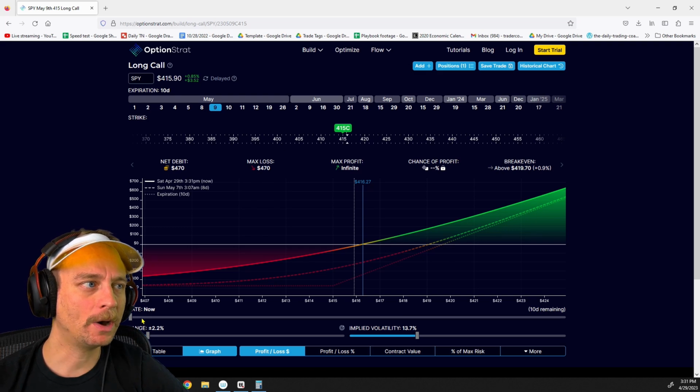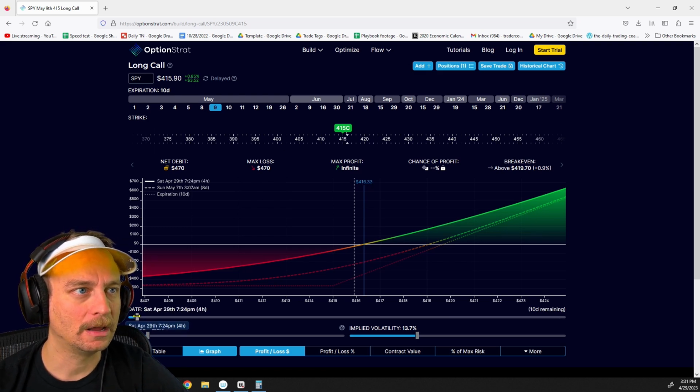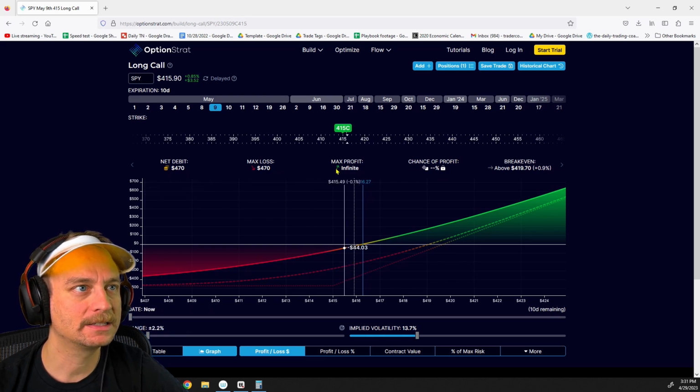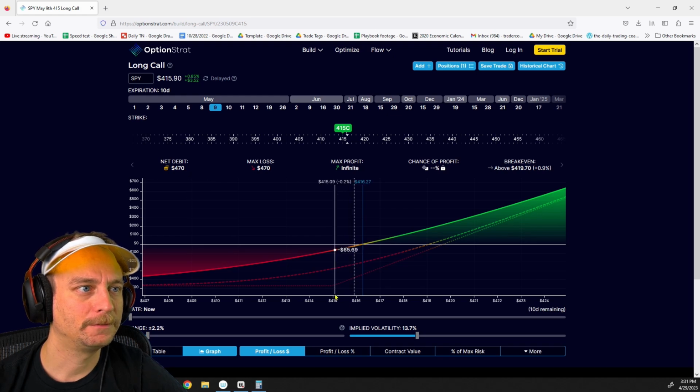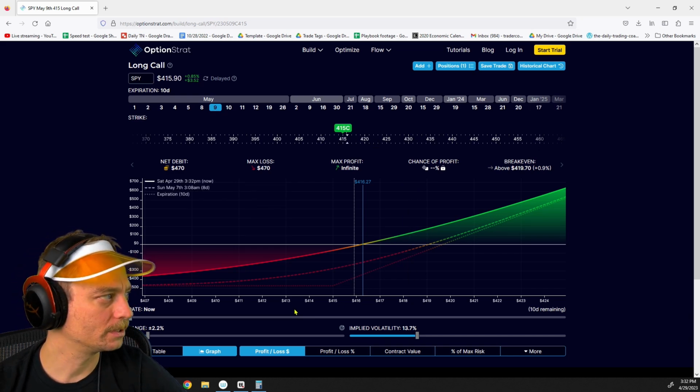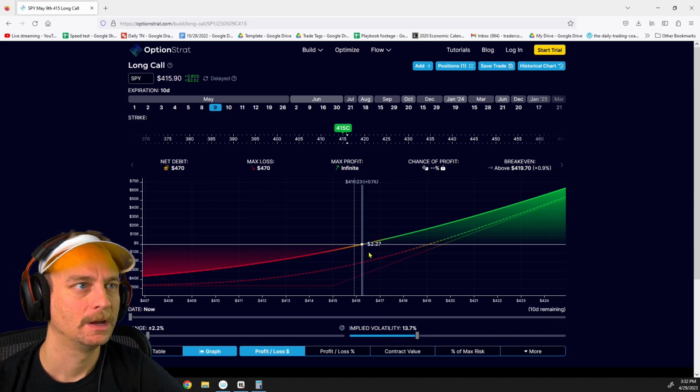Well, see, here's what happens as the market goes every day. Again, we're buying this at what, 415? Yeah. So we're buying at 415, which is right back here. This is off. The market's closing. It's the weekend, so it's off. Our break even is where this blue line is.